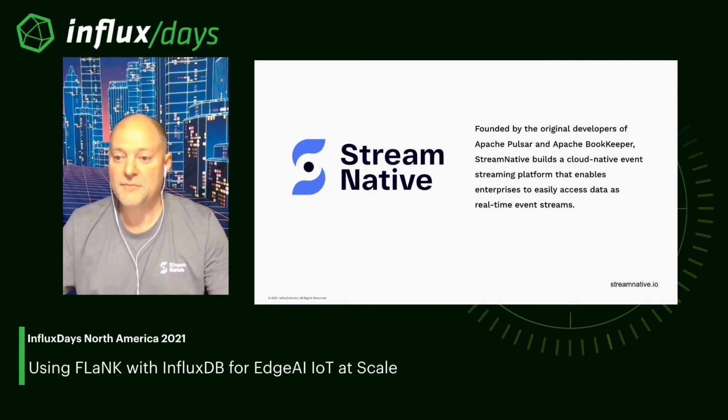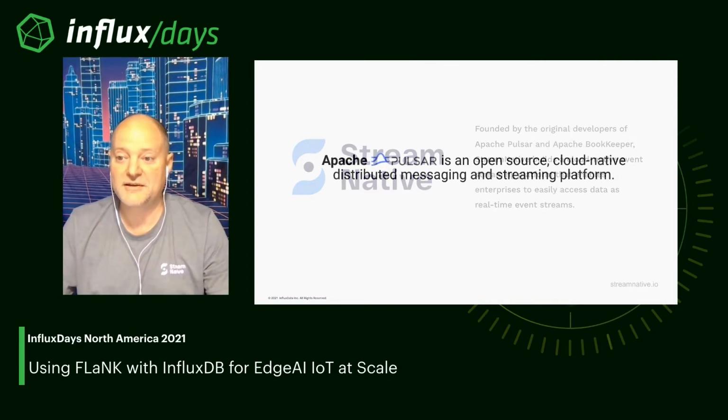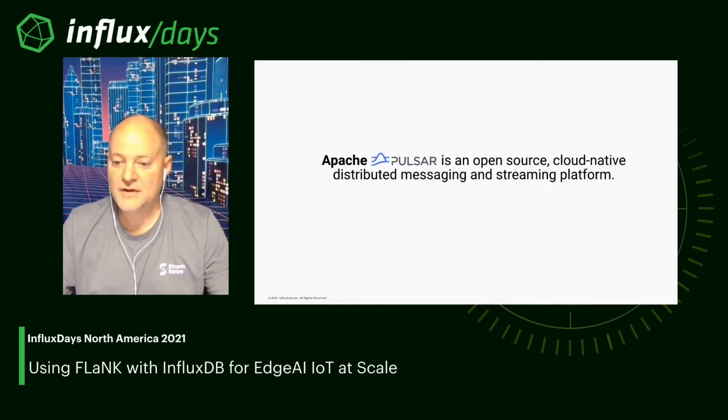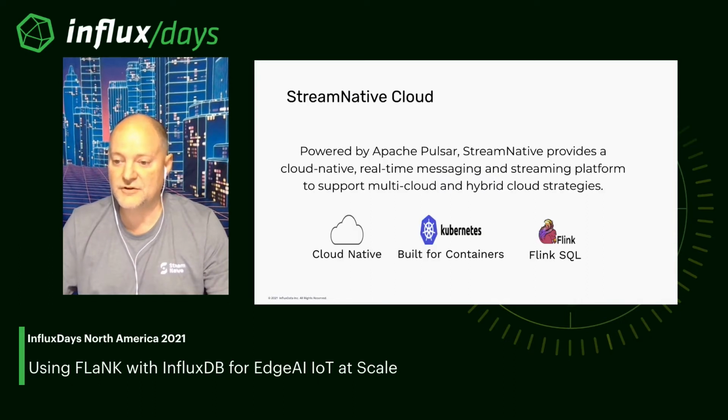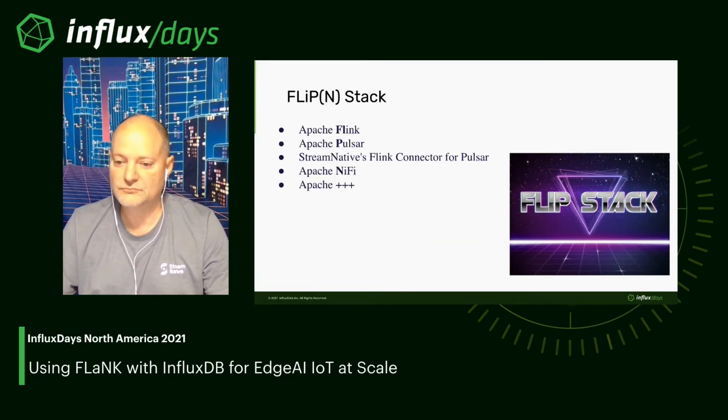Obviously, that marries really well with something like InfluxDB. Now, Apache Pulsar is open source, cloud native, and is a combination of distributed messaging and streaming together. And at our cloud, we do that. Plus, we have Flink SQL, which lets you run continuous analytics on that data and events as they come into the stream.